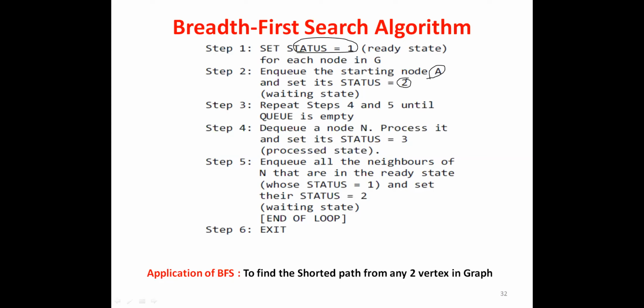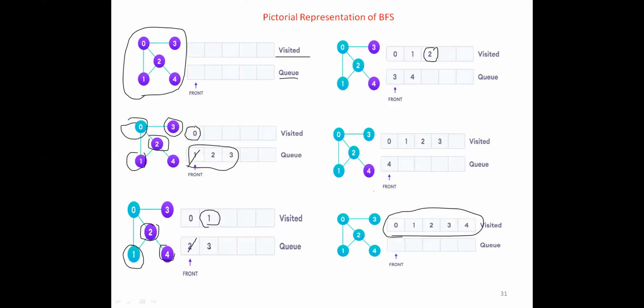Then I will start exploring. Who are all the adjacent nodes of A? Repeat steps 4 and 5 until the queue is empty. What does that actually mean?